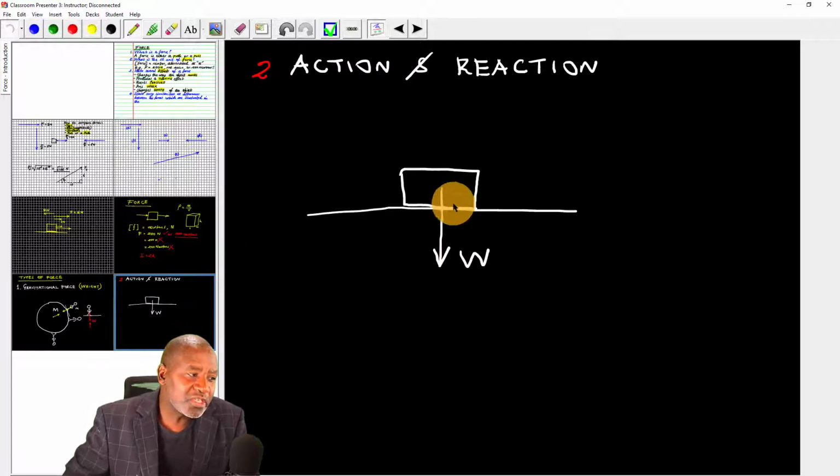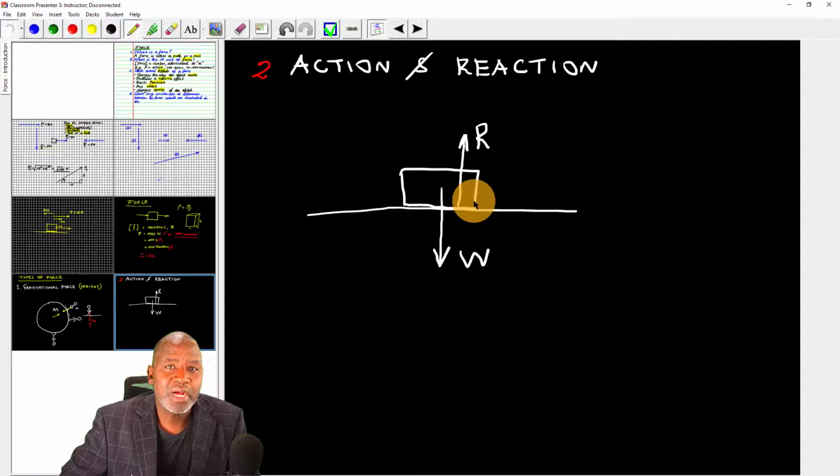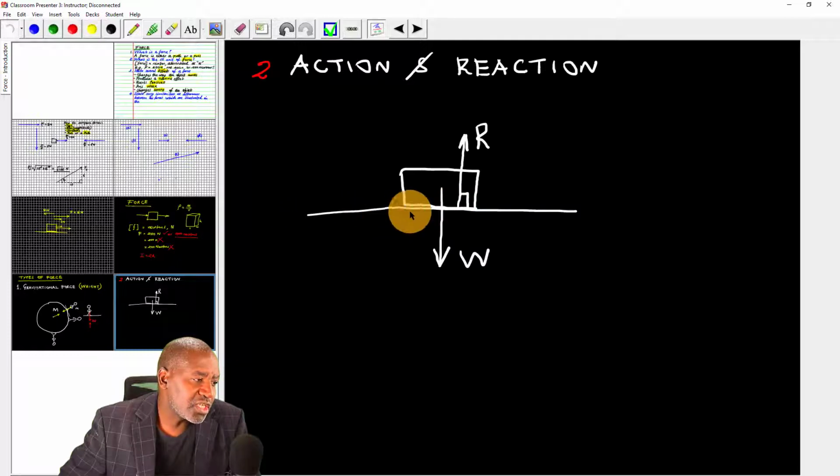But this box does not move because it is in contact with a solid surface. So because it doesn't move, this solid surface exerts an amount of force on it in the opposite direction, which we call reaction, R. That reaction force is always at 90 degrees to the surface. You see, this is the surface.